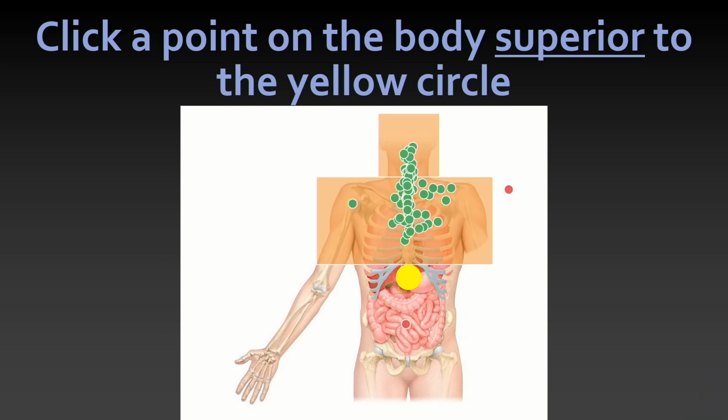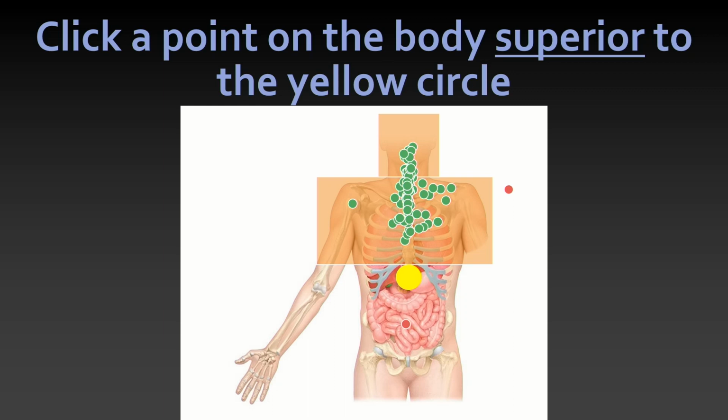A superior place, a superior orientation or position above the yellow circle on the body is anywhere within those squares. Now, I could be a stickler and say, yeah, the question says click a point on the body superior to the yellow circle. This is not on the body by any means, but neither is this, right?